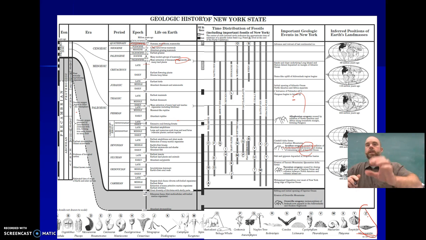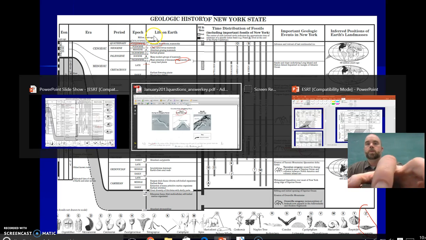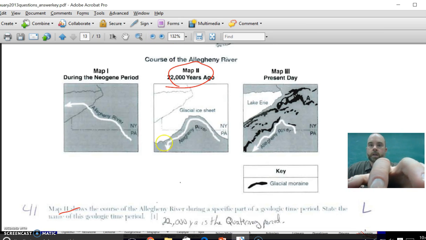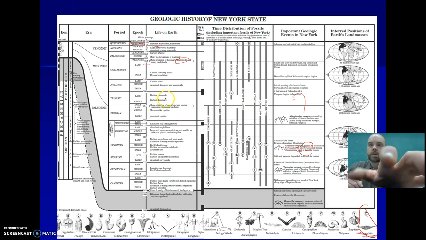I go to my ESRT and I go to, excuse me a second. All right, time period for 22,000 years ago. So this is the period, and that period covers 1.8 million years to the present. So every period is broken down into epochs. So the quaternary period would have 22,000 years ago.